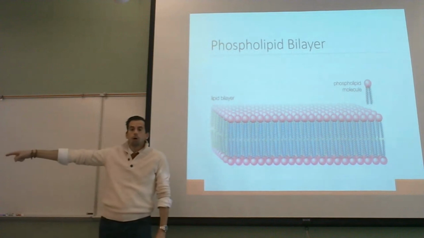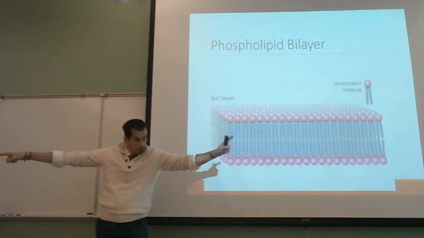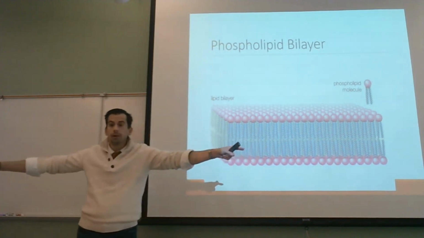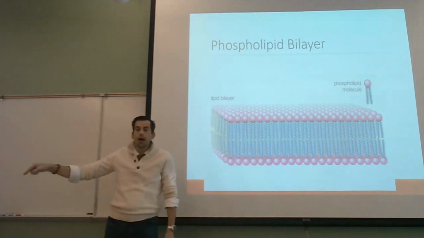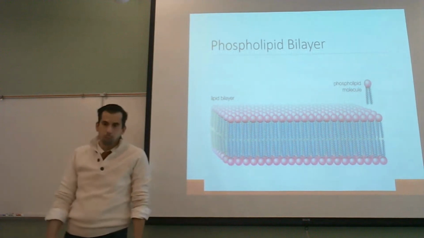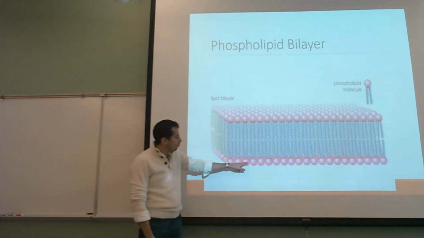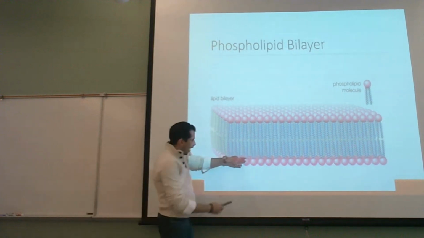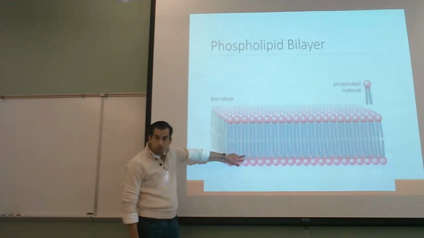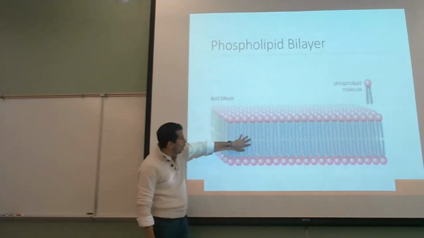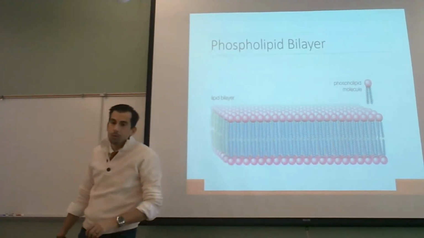And you had one person in one end zone wanting to get to the other end zone, and every step of the way they're going to get repelled by a football player. These phosphate heads, even though they're anchored onto the fatty acid tails, are repelled outwards by their own hydrophobic environment.